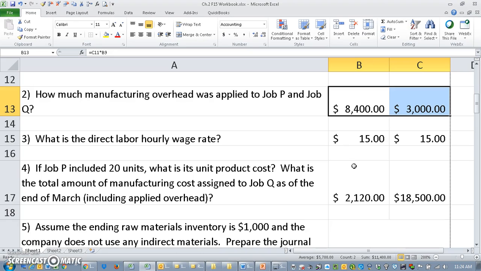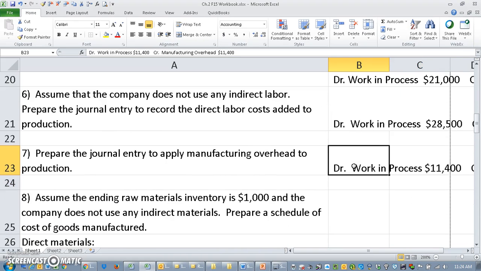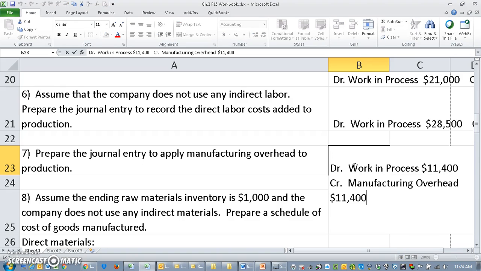Because it's $8,400 for job P and $3,000 for job Q. So going back down to question 7, we're going to debit work in process. Again, work in process is where we're accumulating all of these costs until we finish the jobs and then they move into finished goods. So we're going to debit work in process for $11,400 and credit manufacturing overhead for $11,400.